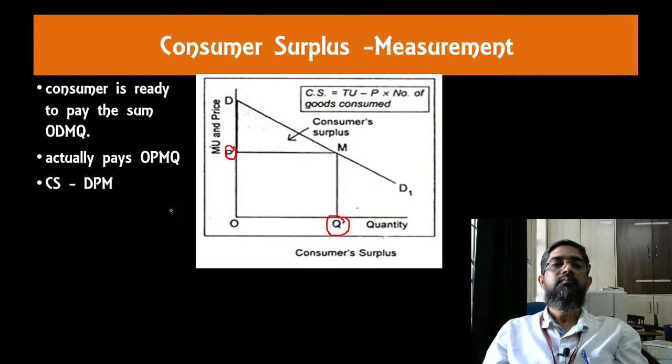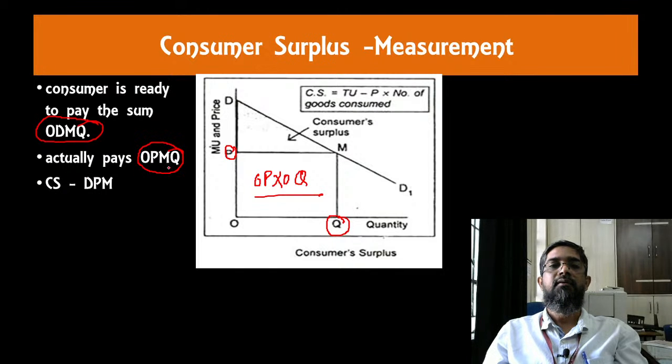So I told you how to calculate it. This is OP multiplied by OQ. So this whole area OPMQ is the payment made by you. This is the payment you are making, not this.